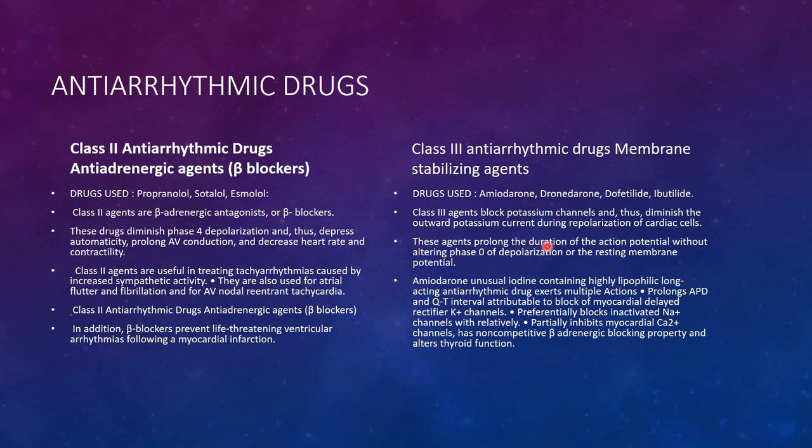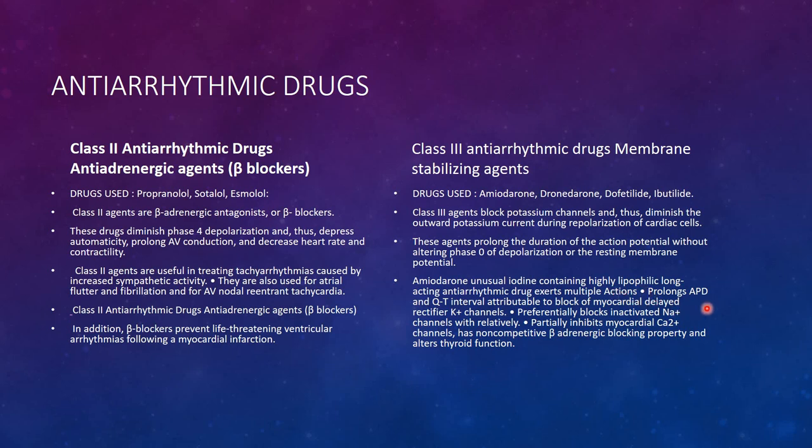As a result, they prolong the duration of the action potential without altering phase 0 of depolarization or the resting membrane potential. Now, amiodarone is an unusual iodine-containing, highly lipophilic, long-acting antiarrhythmic drug that exerts multiple actions.